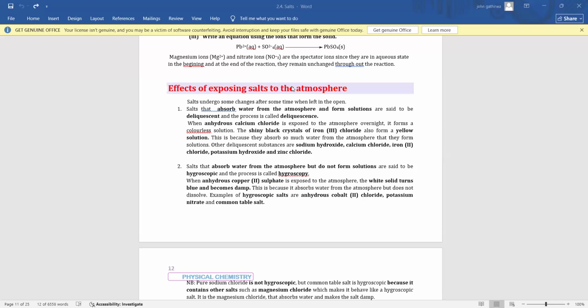Filter out to obtain silver chloride as residue and wash between filter papers. Allow the filtrate to cool to obtain lead-2 chloride.